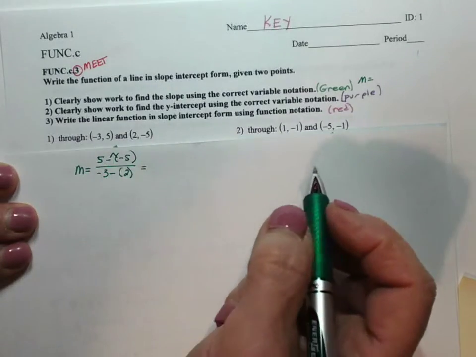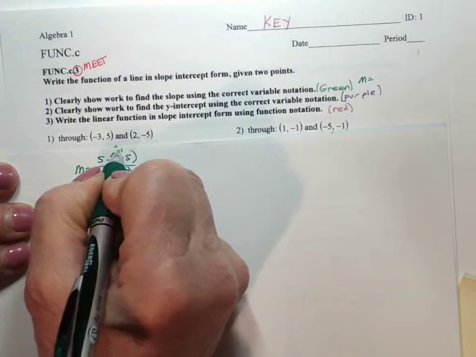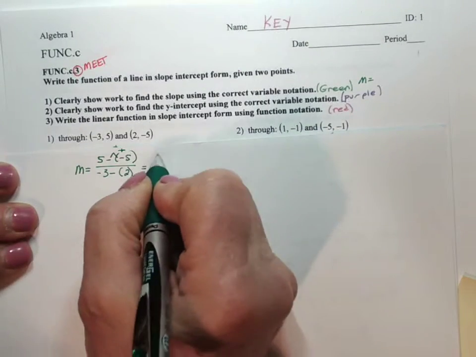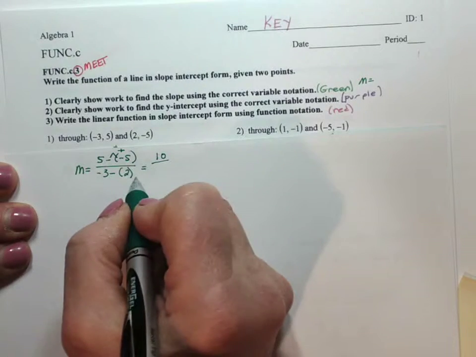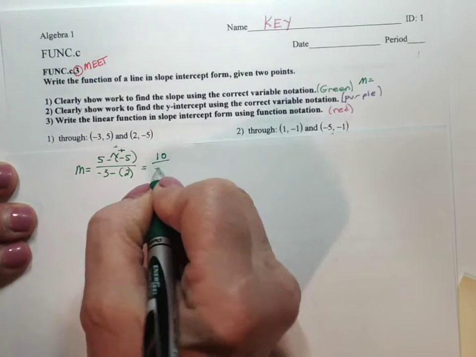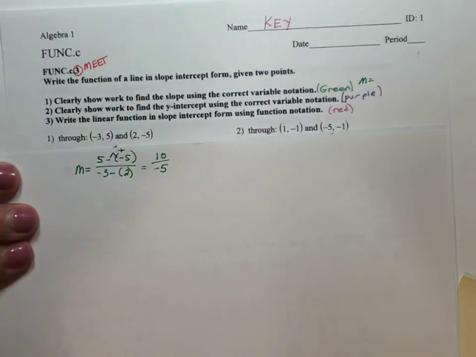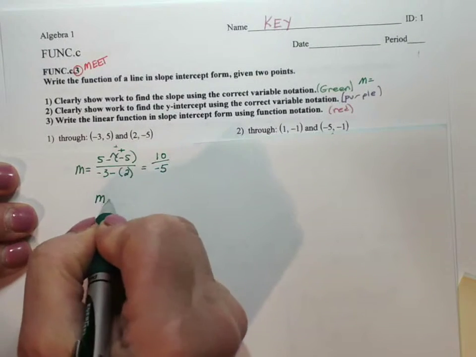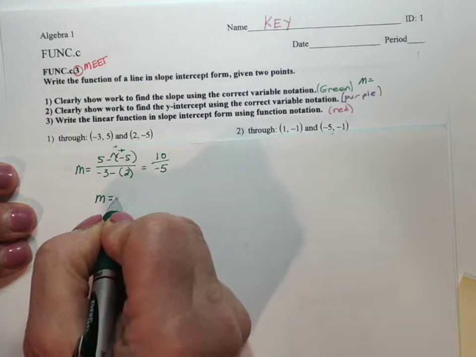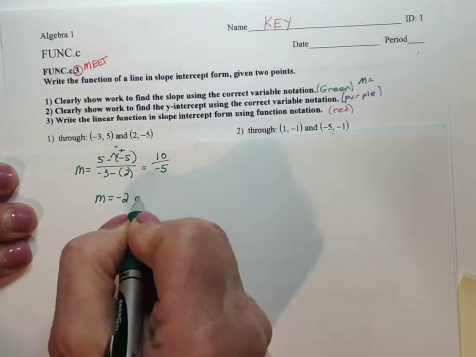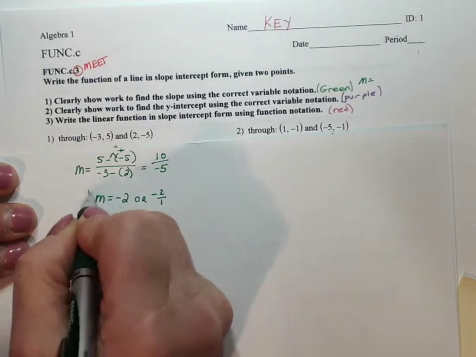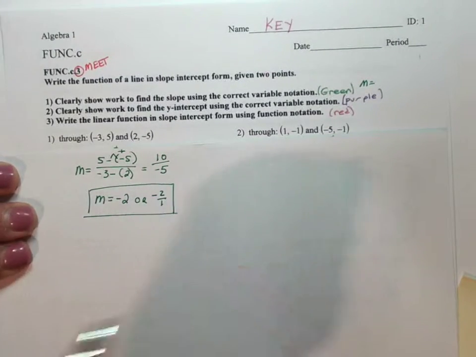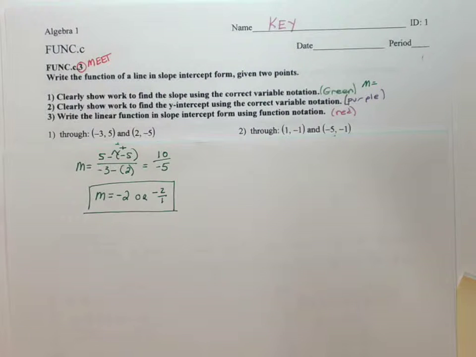If we have two negatives, that gives us a positive. So the numerator is 10. 10 divided by -5 is -2. So m is equal to -2, or you can write it -2/1. Both are correct. So you have found the slope.